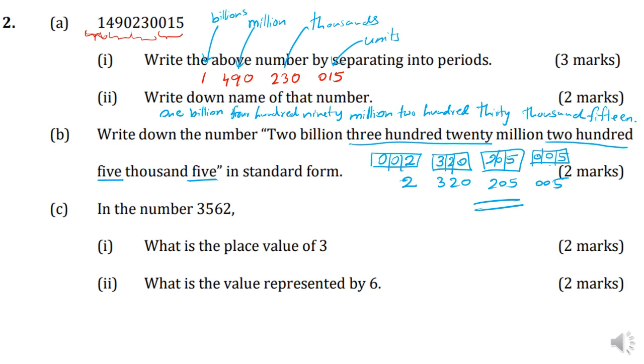This is ones, tens, hundreds and thousands, right? In this one, the place value of 3 is 1000. And what is the value represented by 6? The place value is 10 and there is 6, so it is equal to 60. 60 is the value represented by 6 in this number.